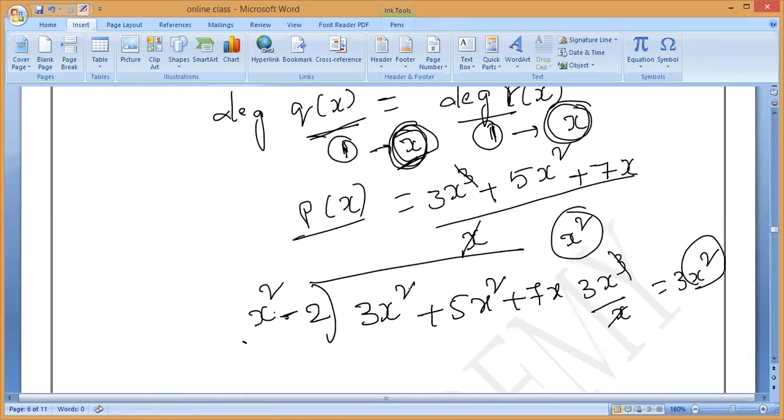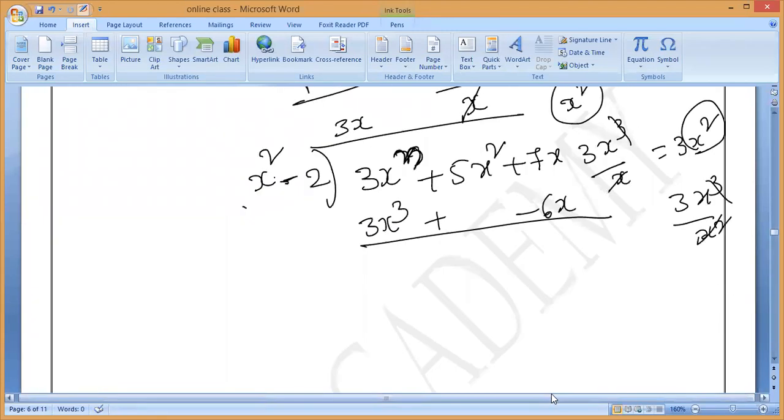How many times x square into what gives 3x cube? 3x cube by x square is 3x times. 3x times x square is 3x cube. Next, 2 into 3x is minus 6x. Minus 6x.